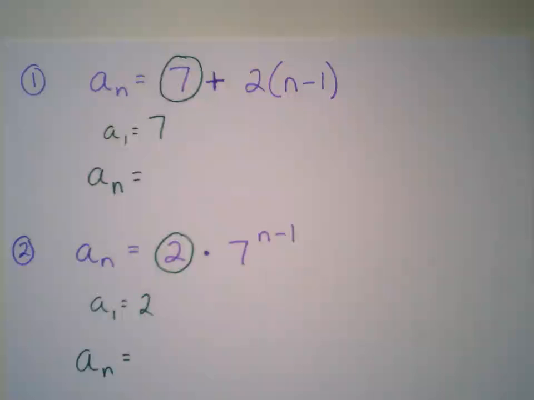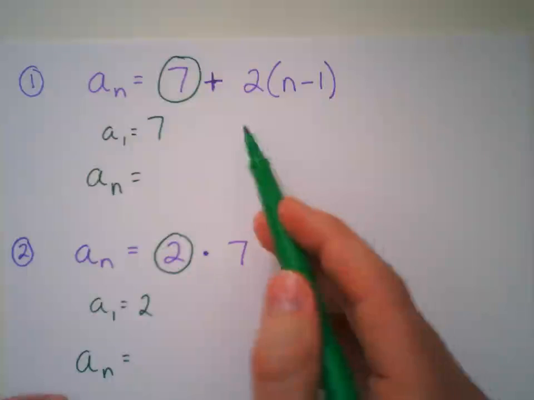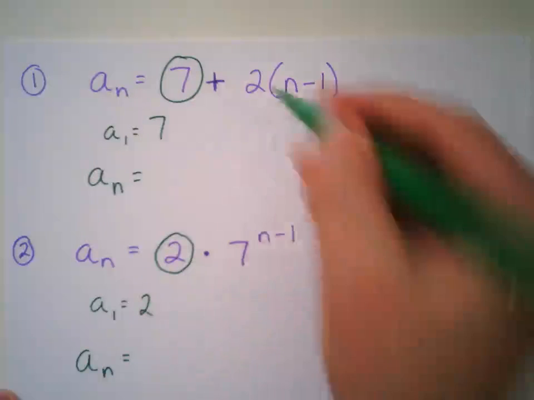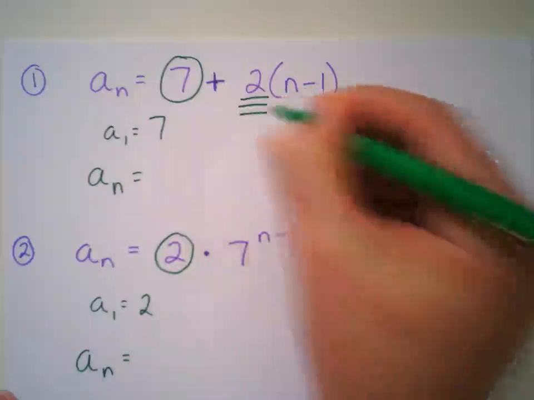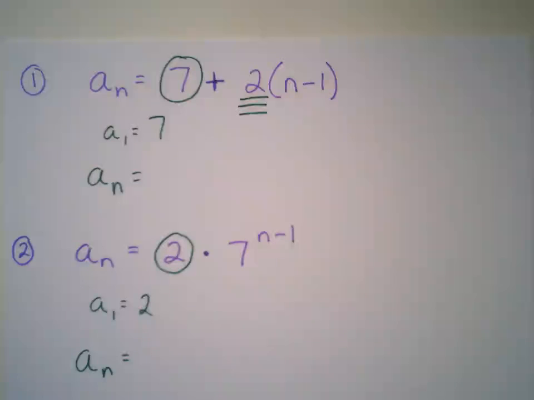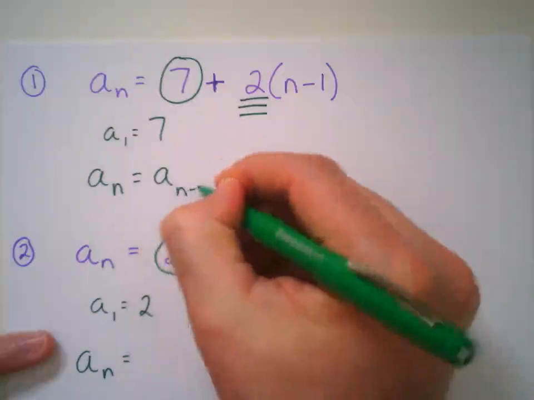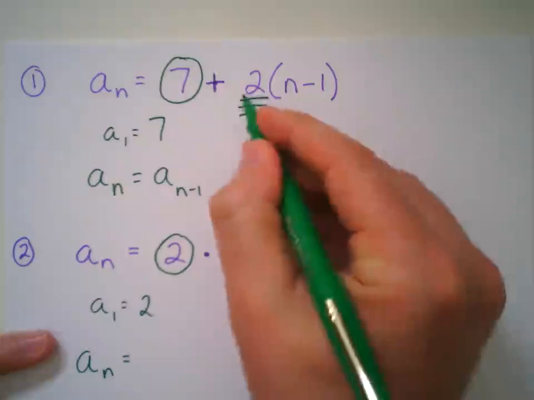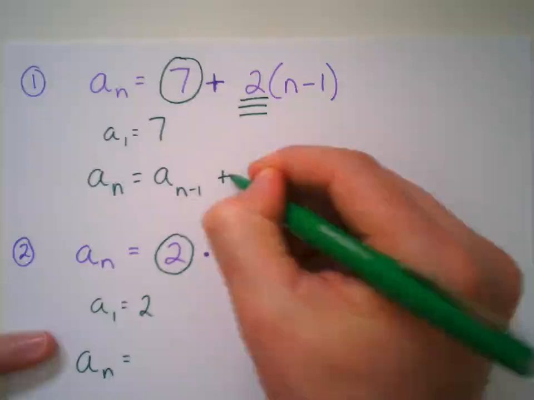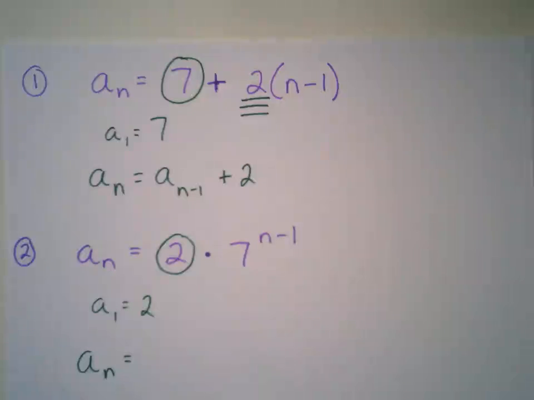For the top part, all you have to do is find your common difference. Your common difference is always going to be that number that's attached to that n minus 1. So how you write that is, you write it as A sub n minus 1, and then whatever that number is, that's a plus 2, so you put plus 2. And that's exactly how that looks.